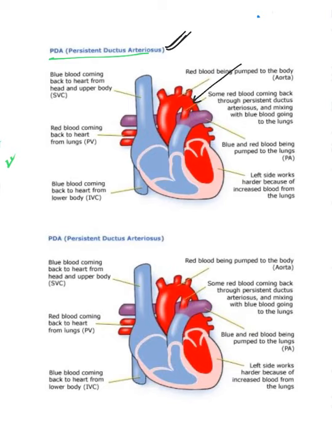So this is the ascending aorta, this is the arch of aorta which gives its branches, the carotid and the subclavian artery which supplies our upper limb, hand and fingers, and after that is the descending aorta.